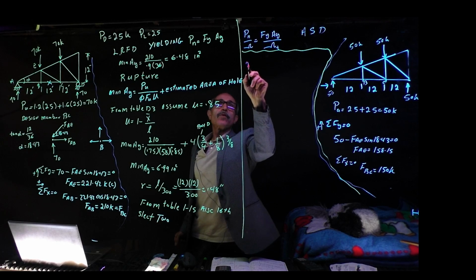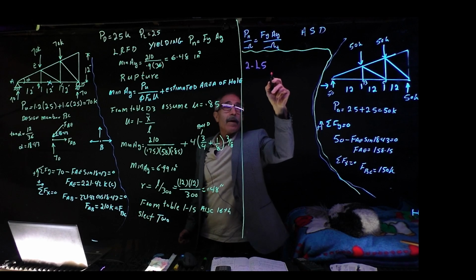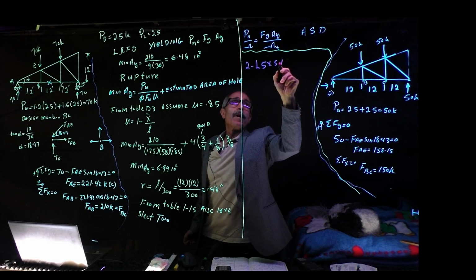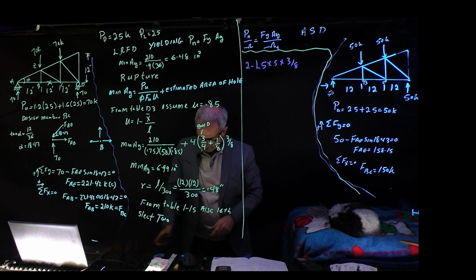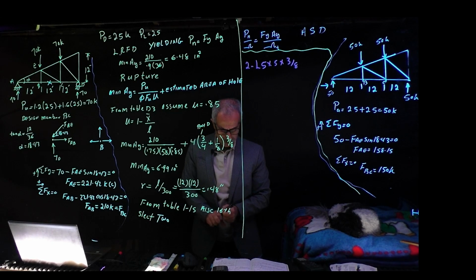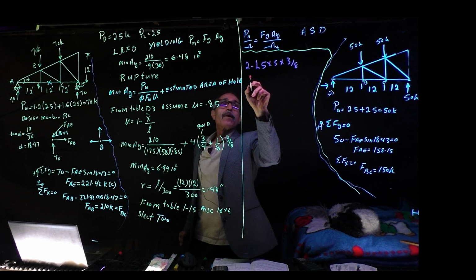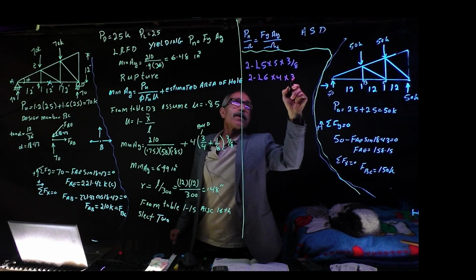So I'm going to have 2 L5 by 5 by 3/8 thickness. Two L6 by 4 by 3/8.